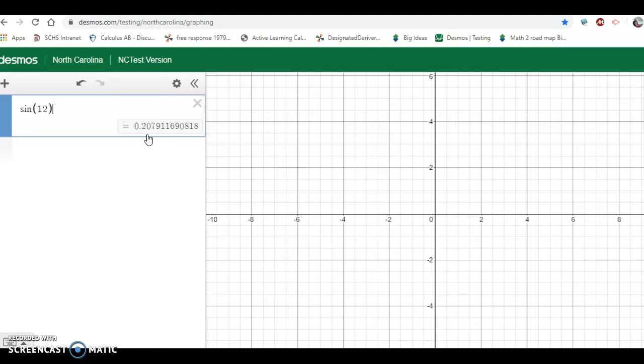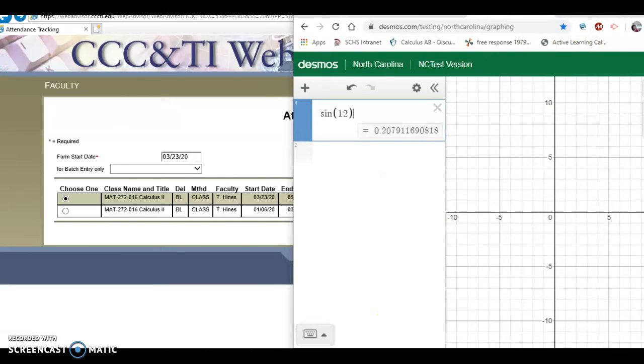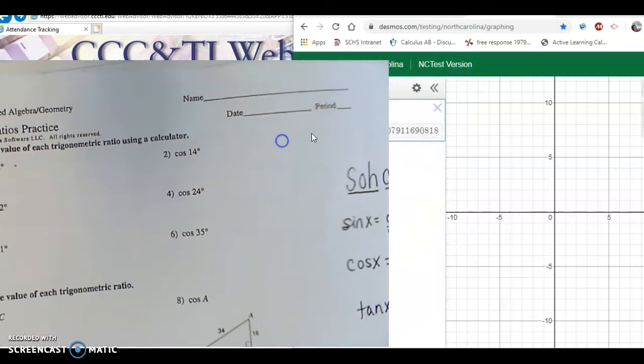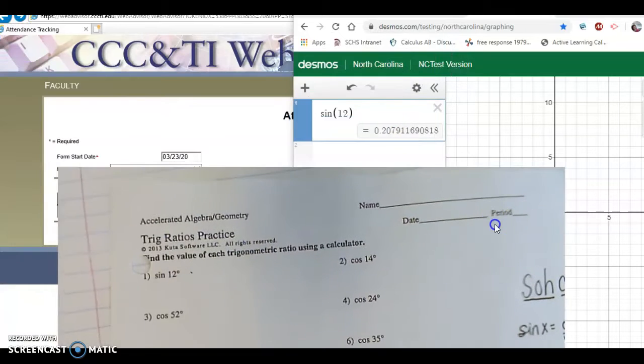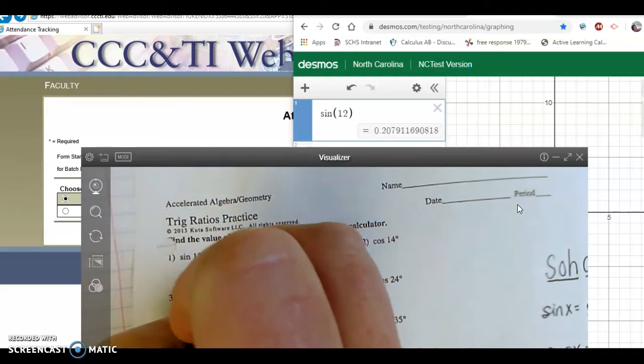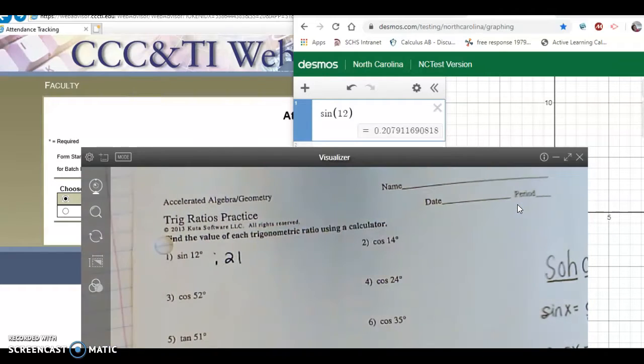The first problem that we had was, let's see if I can pull up both things for you. The first problem that it gives me is sine of 12, and that's what I've already gotten there. It's 0.207. I'm just going to round it to 2 places. Okay.